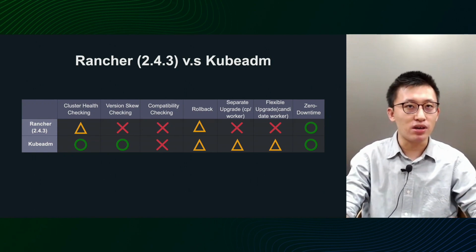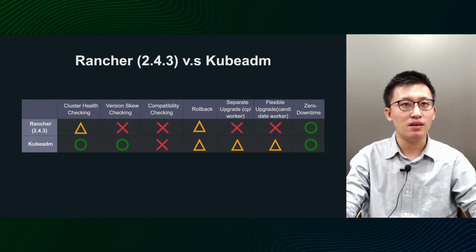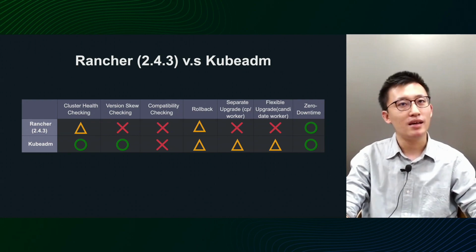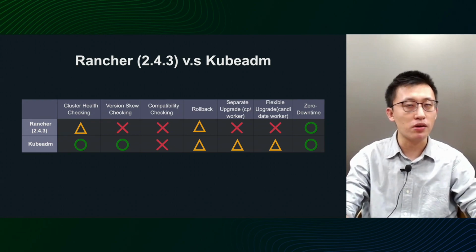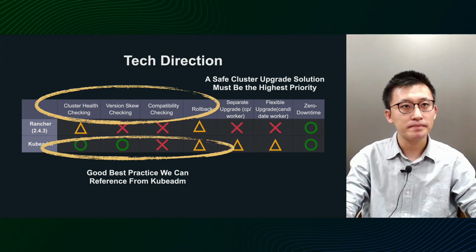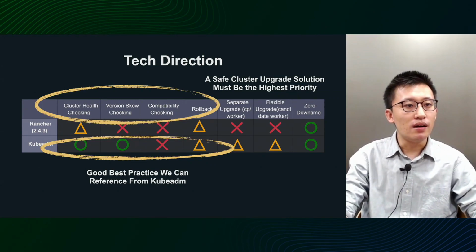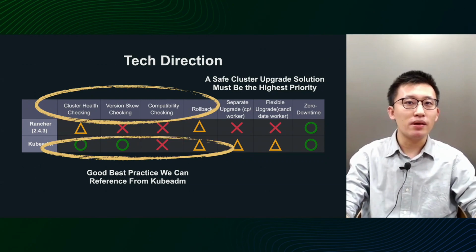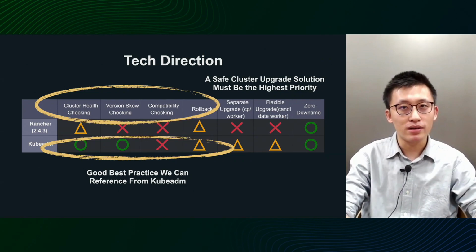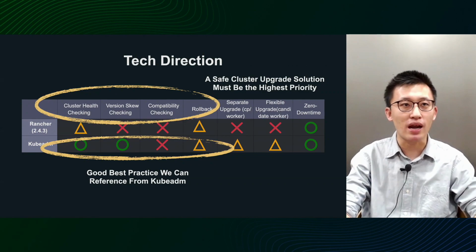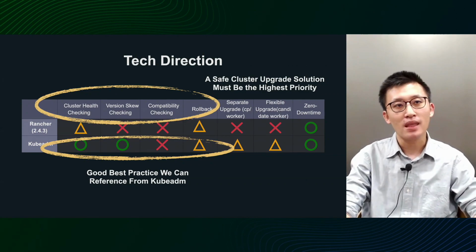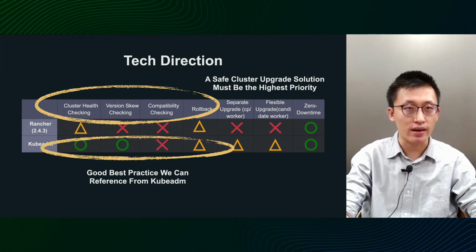You can see here, some features Rancher did well, and some features Kubeadm did well. For the safe cluster upgrade solution, Rancher doesn't do well. Kubeadm is better in those parts, but still misses some checking that we would like to have, like API compatibility checking.